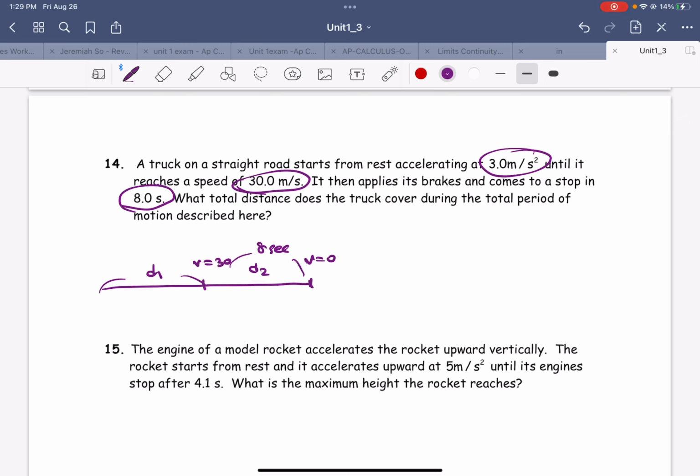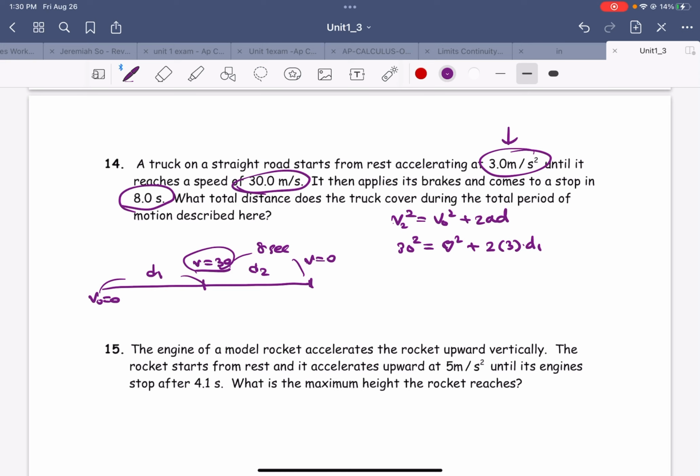Initial velocity is 0 and final velocity is 30. So I can find D using one of the kinematics equations: final speed squared equals initial speed squared plus 2AD. In D1, your final velocity is 30, so 30 squared equals initial velocity 0 plus the acceleration, 3, so 2 times 3 times D1.